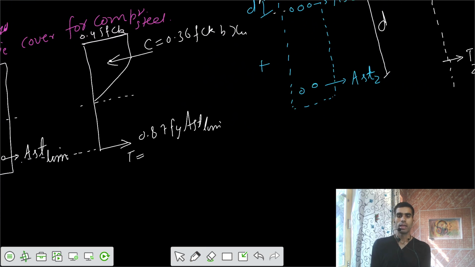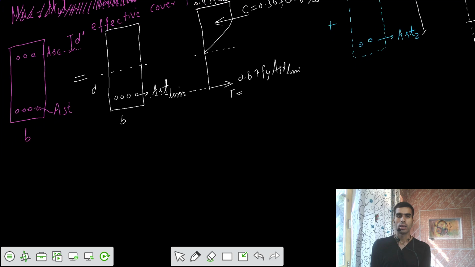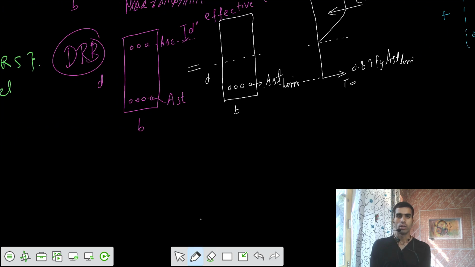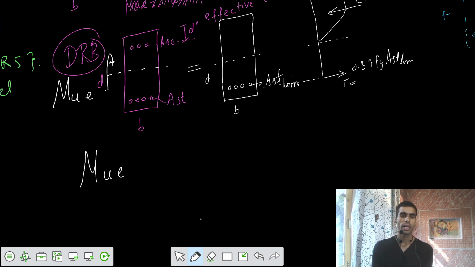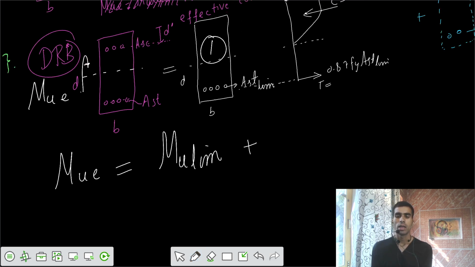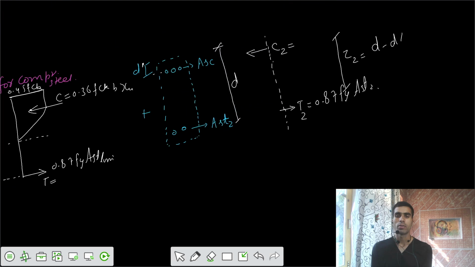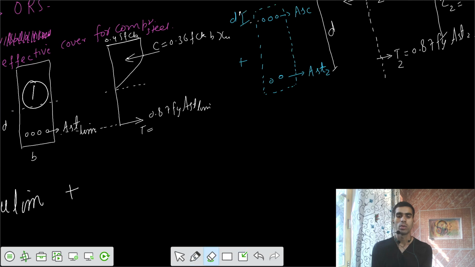So then we can say, if you are applying any external bending moment Mu, that has to be resisted by beam number one having the moment of resistance equal to Mu limiting, and a second beam that can develop a moment of resistance equal to M2.